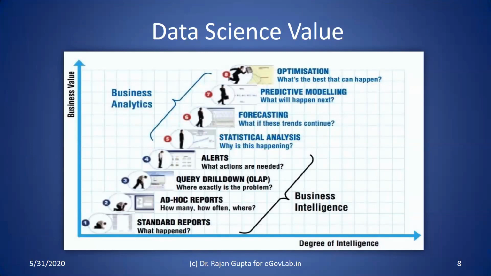If I broadly classify various kinds of processes and steps involved in data science implementation, and plot them on a 2D graph with the x-axis determining the degree of intelligence required to implement that technique, and the y-axis showing the business value that I'm deriving out of the implementation of that technique, I can say that a lower degree of intelligence and a lower business value is generated through the process of business intelligence. And a higher degree of intelligence and a higher business value is generated with respect to advanced analytical techniques.